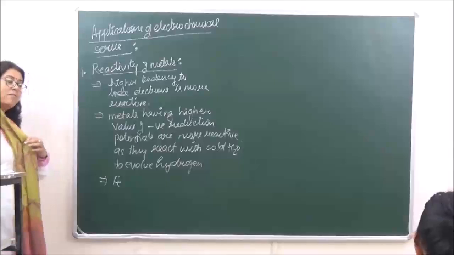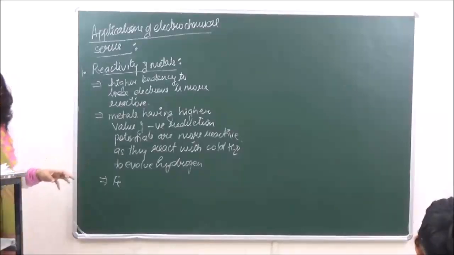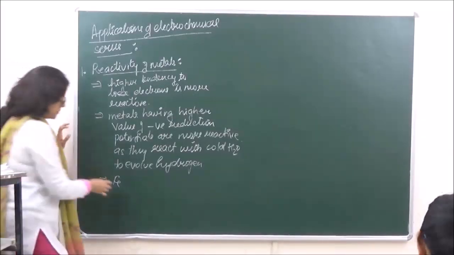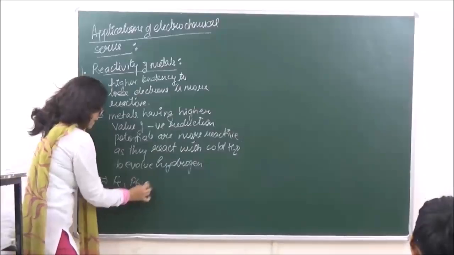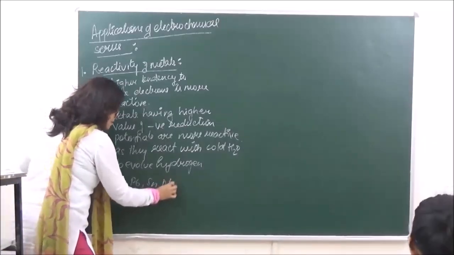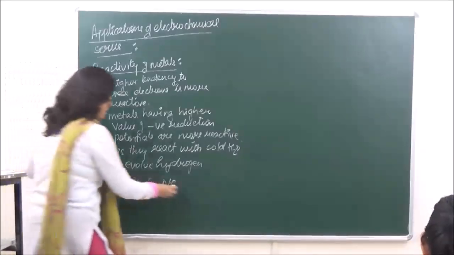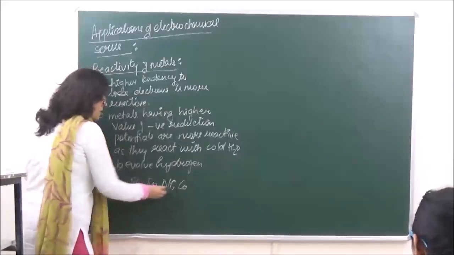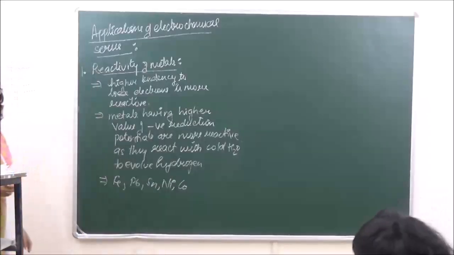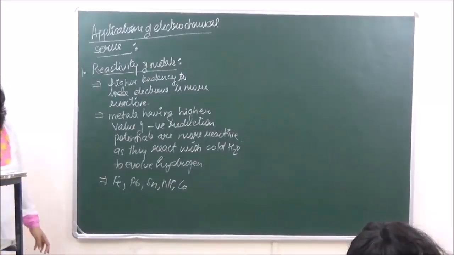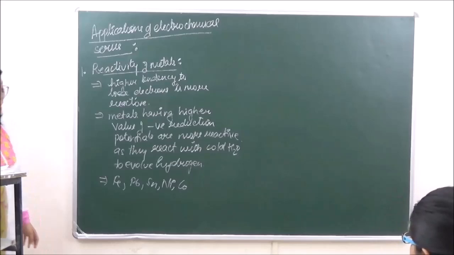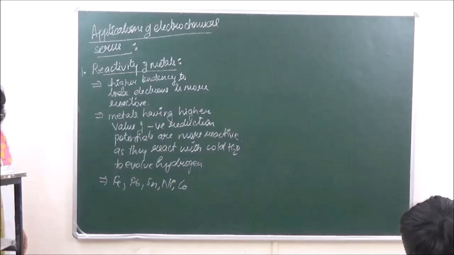Then metals like Fe, lead, tin, nickel, cobalt, all of these have less negative value of reduction potential. As for example, iron has a reduction potential of minus 0.44, right?